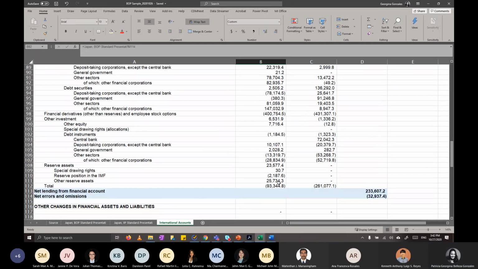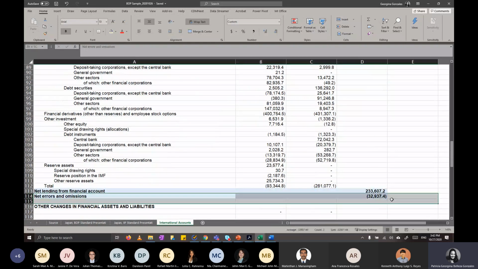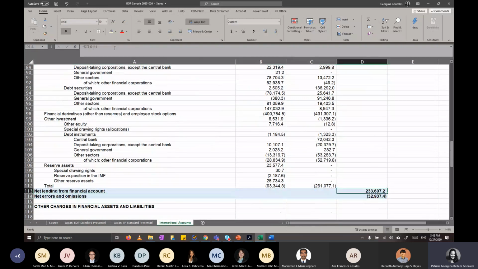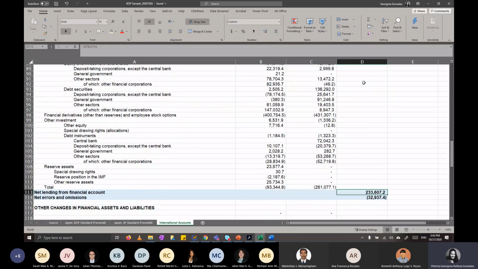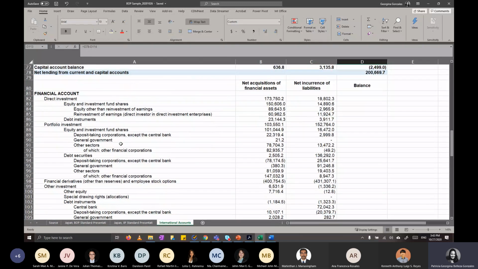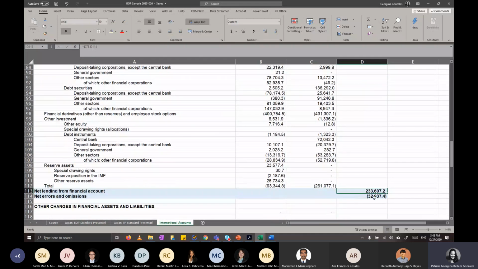Ideally, the net lending from the financial account is just equal to this. But Japan reported some net errors and omissions. So to derive the net lending from the financial account, I subtracted the net errors and omissions from the net lending from the current and capital accounts.